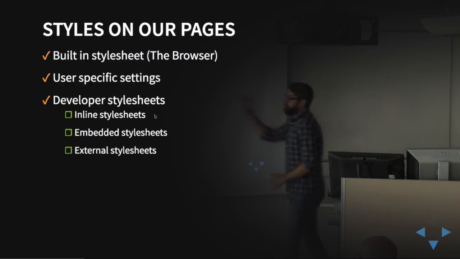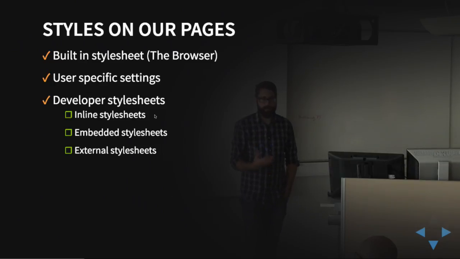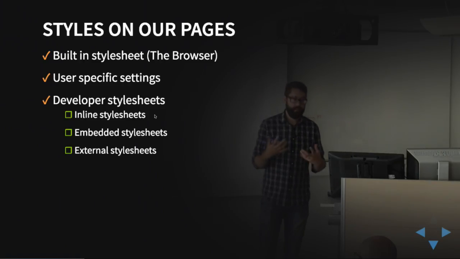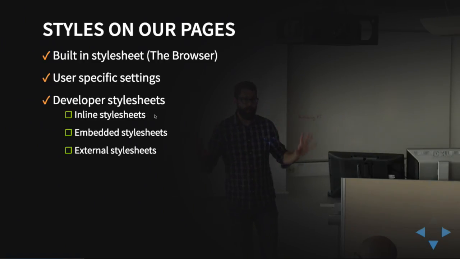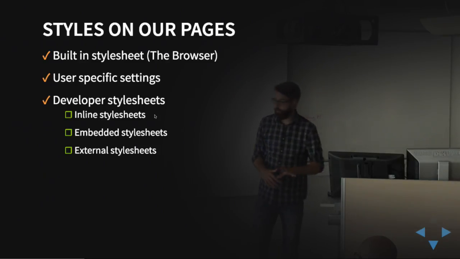The user can add specific styles to the browser. If you're a disabled user, you have a hard time seeing colors or whatever, you want a better contrast, the user can add styles to the browser to get a better experience. Can't do much about that either. That's beyond our control. That's the user adding those styles.